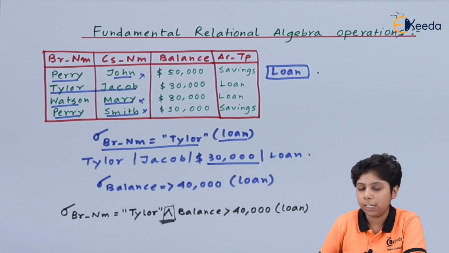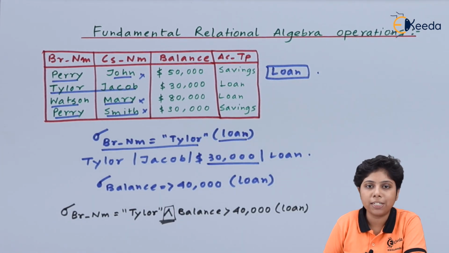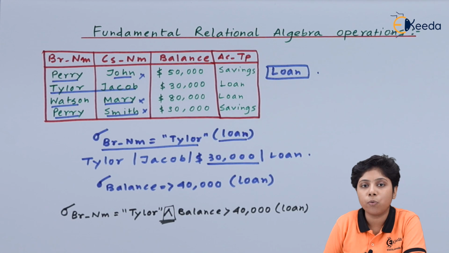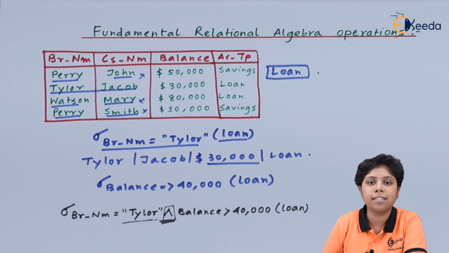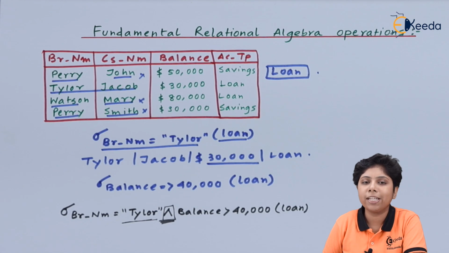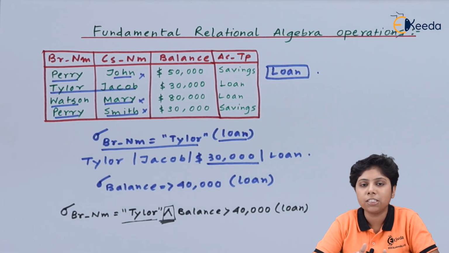Here the AND operation joins these two predicates into a single select operation on the relation loan, so that we can have the result of the persons who have their bank account in branch Teller as well as a balance greater than $40,000. So in this way we can join the predicates of the select operation, and that is the basic select operation that can be performed on a relation. Now we will move further.